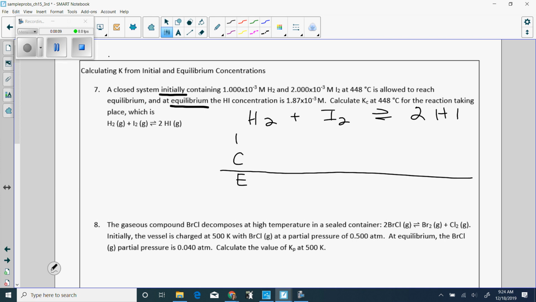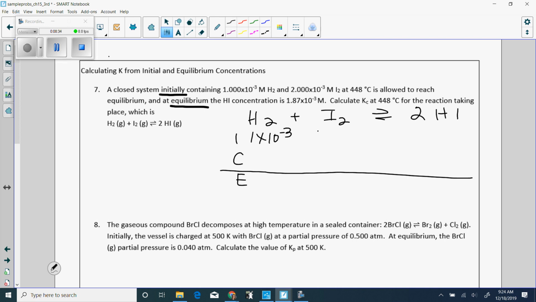I stands for initial. So now I'm going to go back to my words and pick out things that are talking about initial concentrations. A closed system initially has 1 times 10 to the negative third molar hydrogen. I'm getting rid of zeros because they don't matter and they're just going to make things smushy.